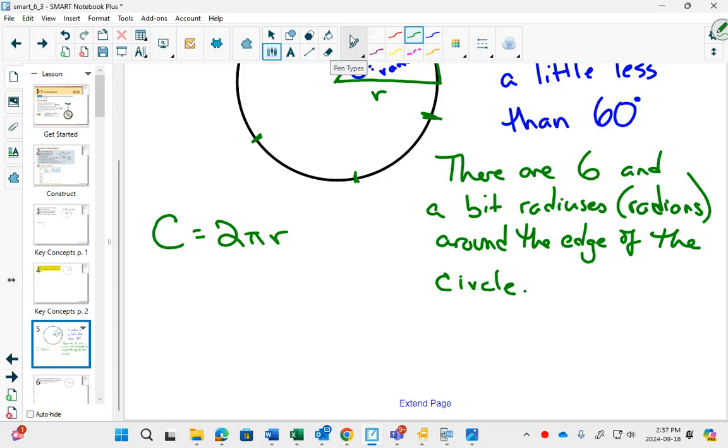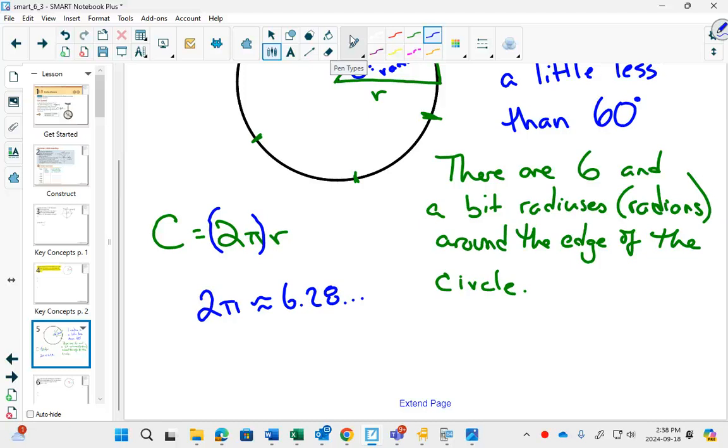In this formula, circumference is 2 pi radiuses. 2 pi is approximately 6.28, 3.14-ish times 2. 2 pi is exact, 6.28 is still rounded. But that's what that formula is saying.